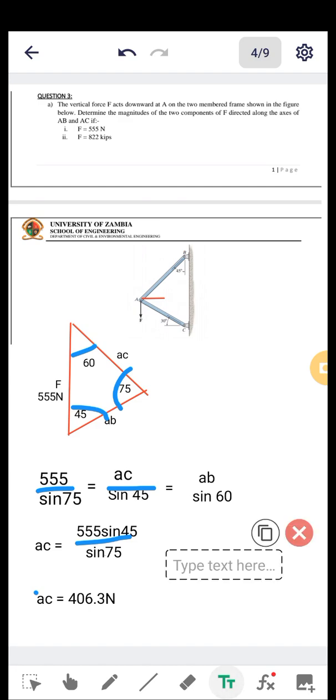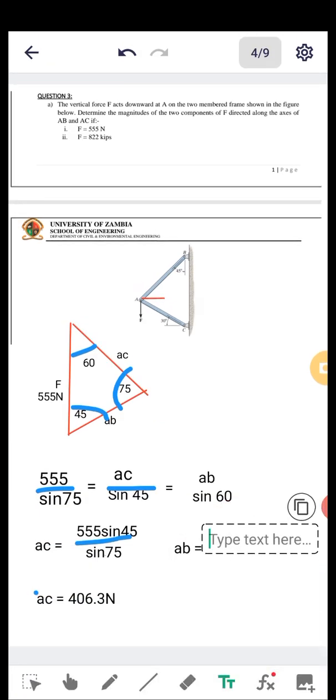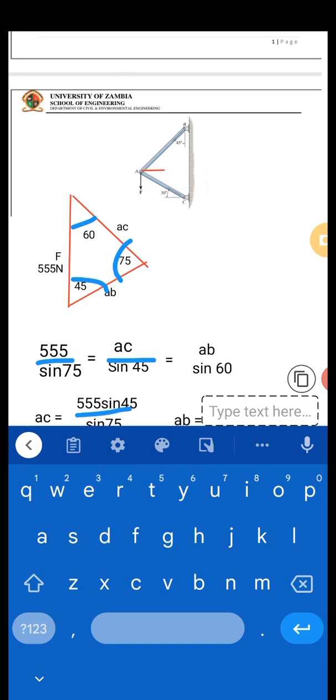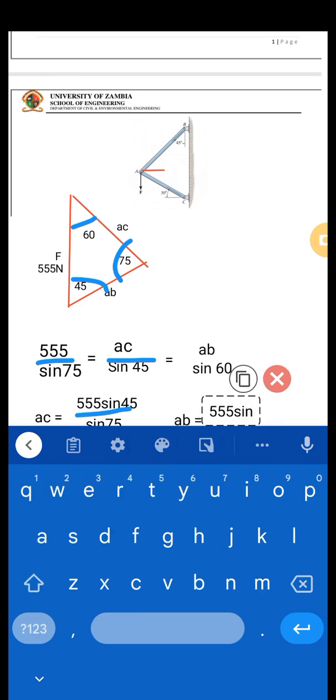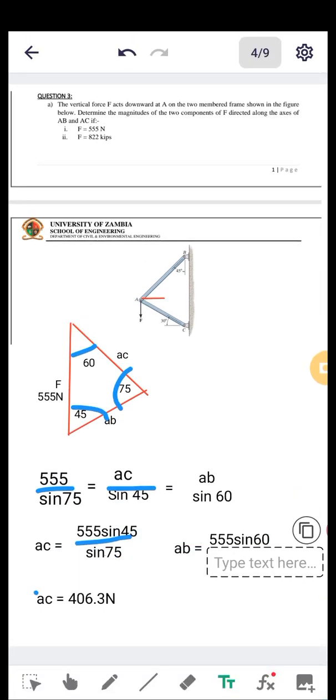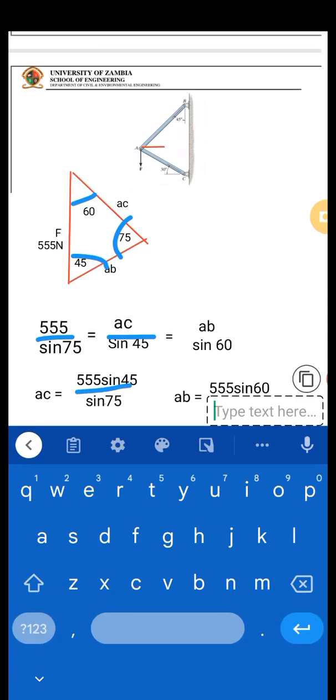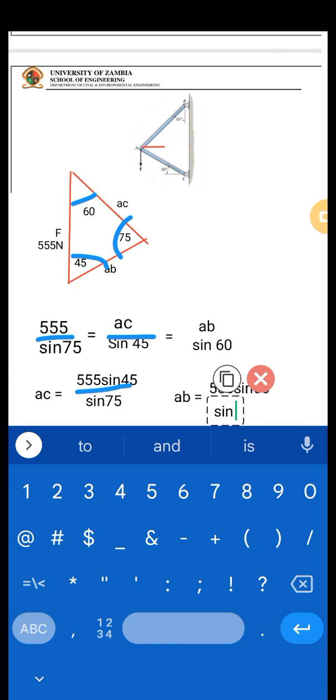So my AB should be equal to 555 sine 60 over sine 75.